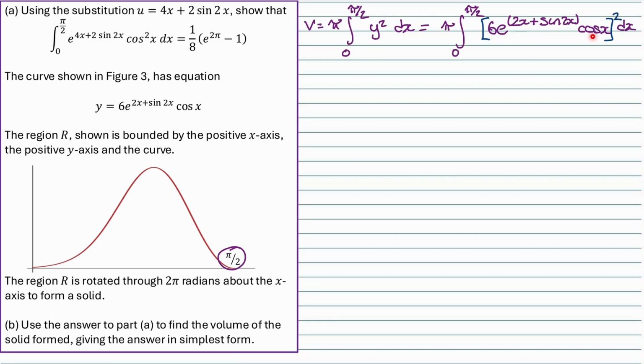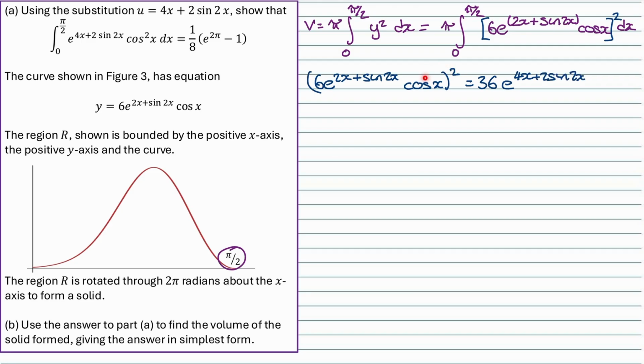So if I work this out separately, we'll square the 6, we'll get 36, we'll square the e to the 2x plus 2 sine x, and using a power rule, this becomes e to the 4x plus 2 sine 2x.